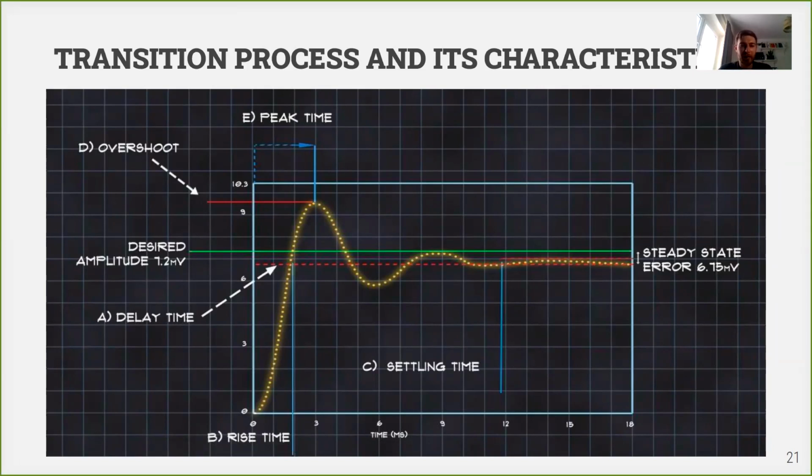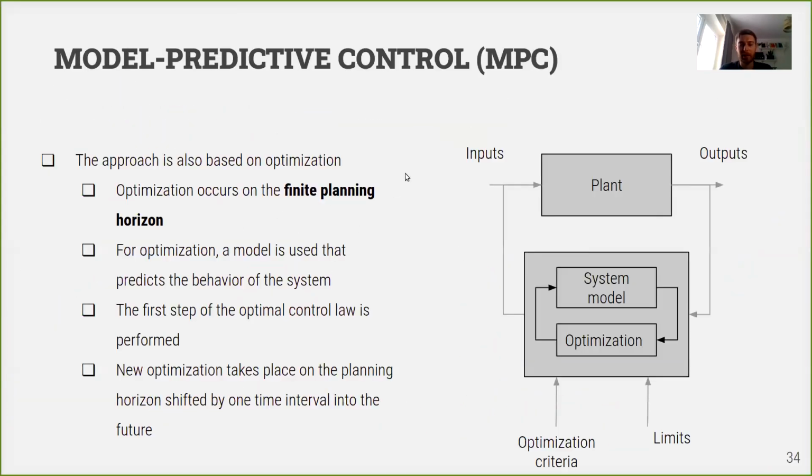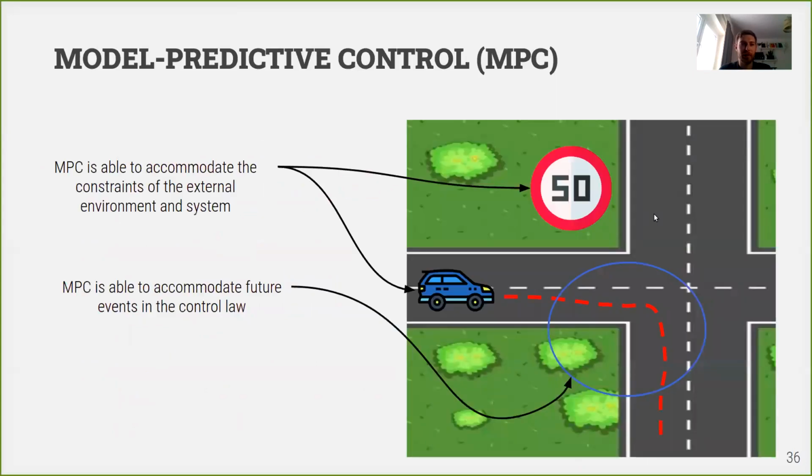And the thing is, we knew in advance that there is a turn. But with the PID-regulator, we just cannot use this information anyhow. And with model predictive control, since we are predicting in the future, we can take this information from the future into account. And that is why this is a really widely used technique.